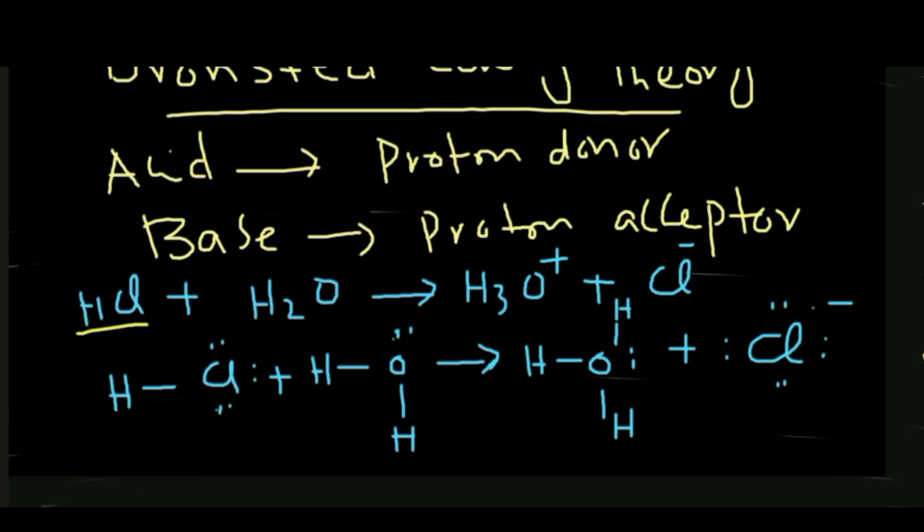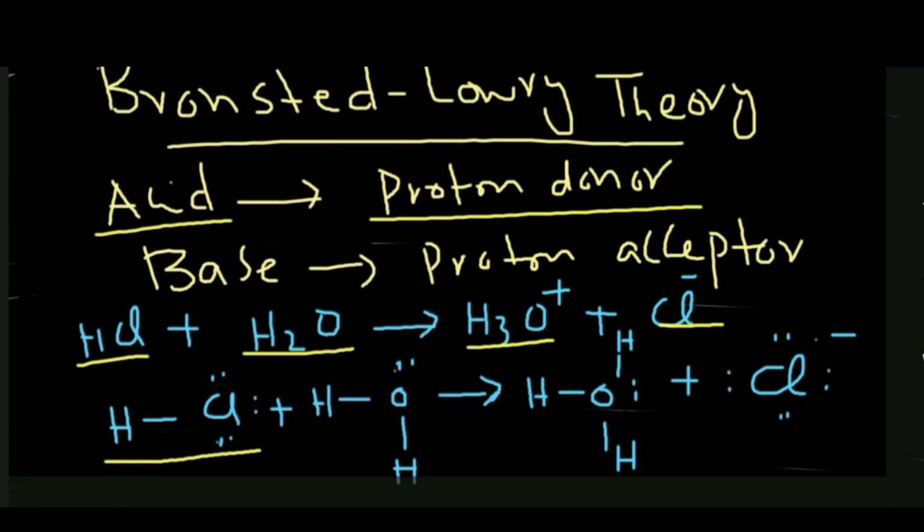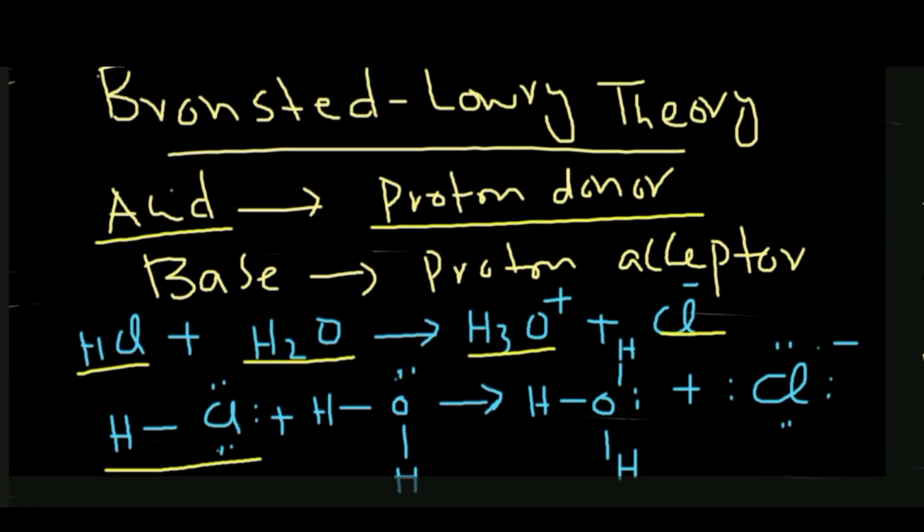This is the example of the reaction of HCl with water. It produces hydronium ions and chloride ions. We have known that acids are proton donors. So in this case, according to the Lowry-Bronsted concept, HCl is an acid because it will give a proton to the base.